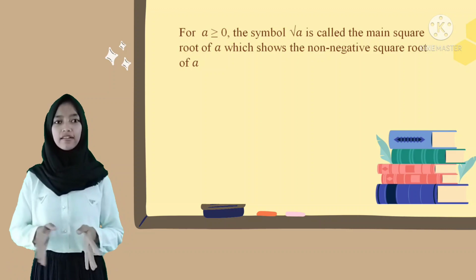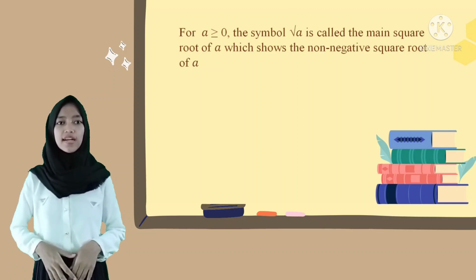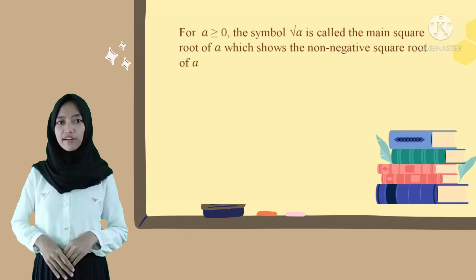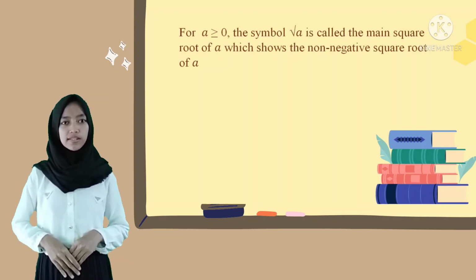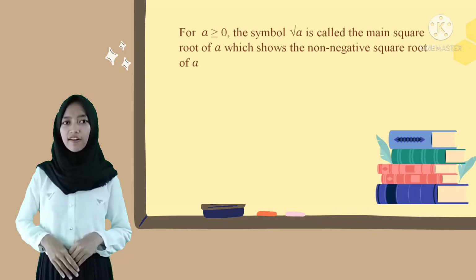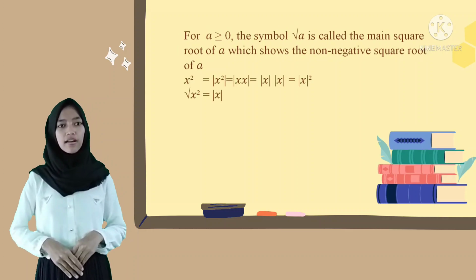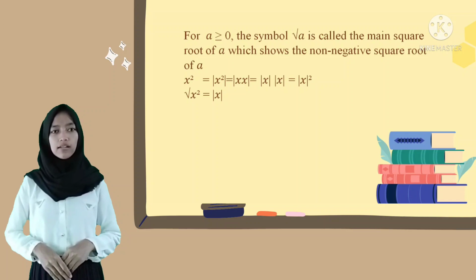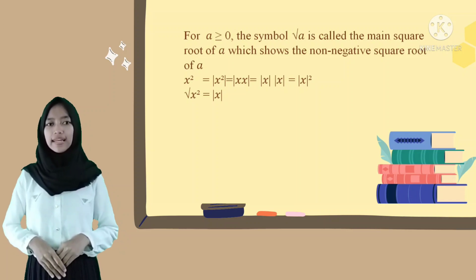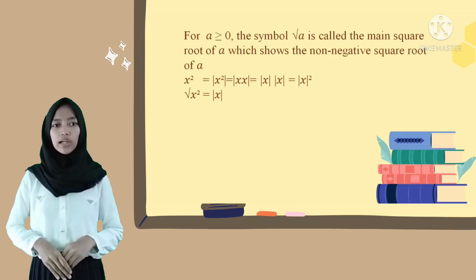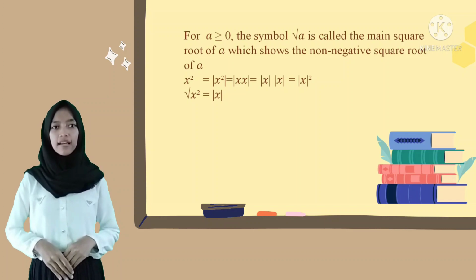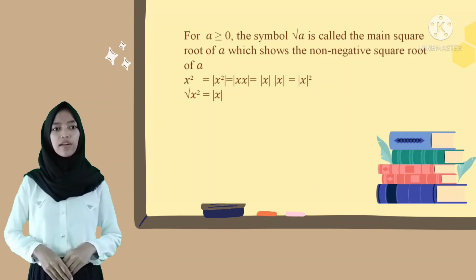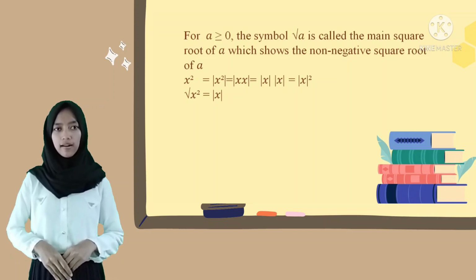For a greater than or equal to 0, the symbol root of a is called the principal square root of a, which shows the non-negative square root of a. The absolute value of x squared equals the absolute value of x times x, which equals the absolute value of x times the absolute value of x, which equals the absolute value of x all squared.